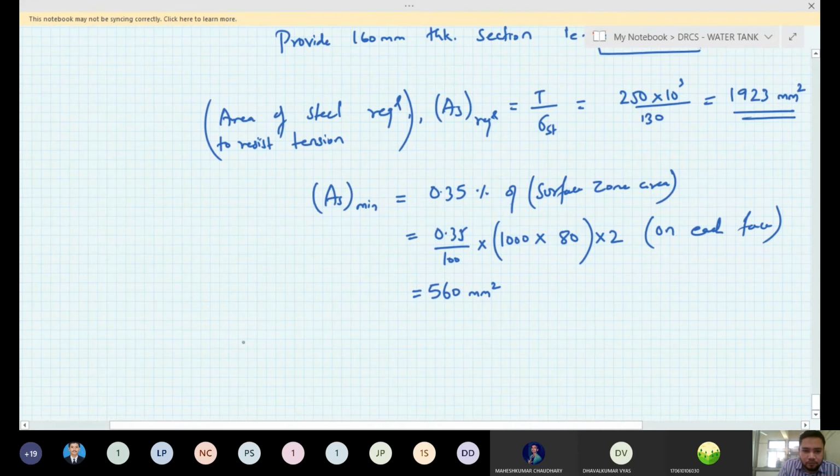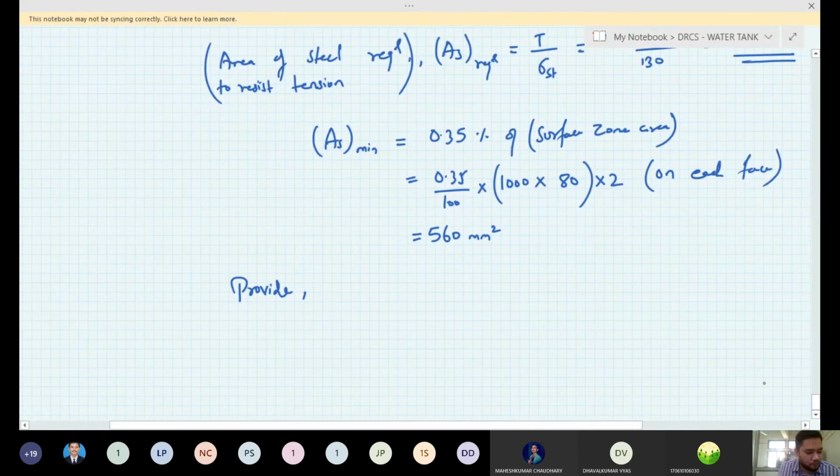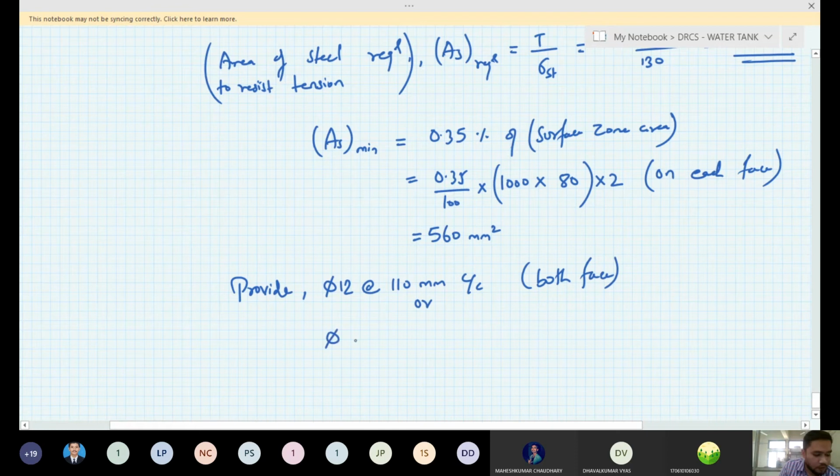So let us provide 12 dia at 110 mm center to center on both faces. Another way to provide is 16 mm dia at 100 mm center to center, but this is centrally provided.